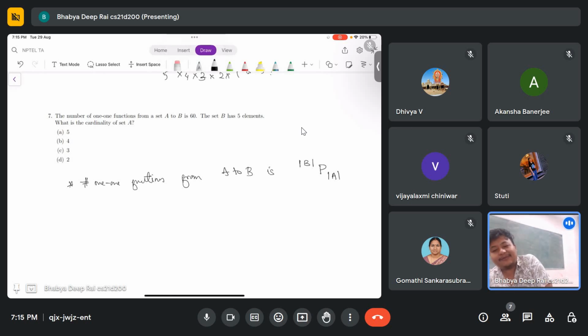Now I think it becomes fairly straightforward to solve. The number of functions is given as 60 for us in this case.